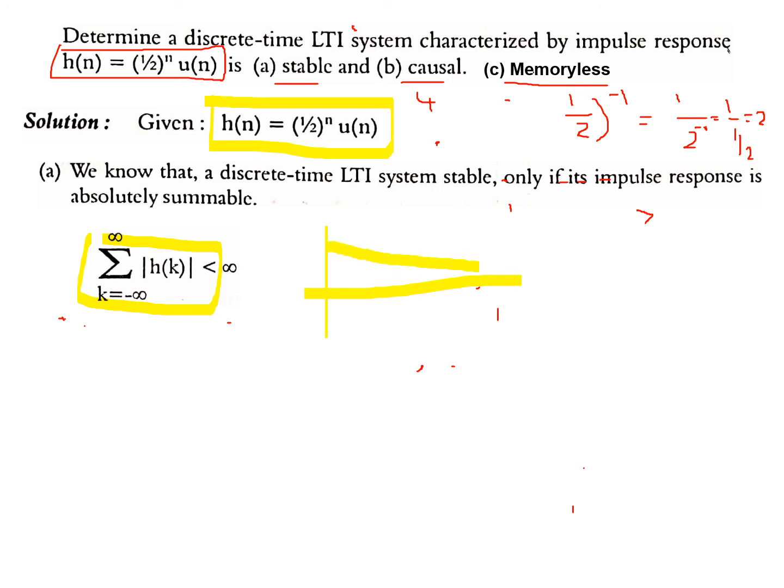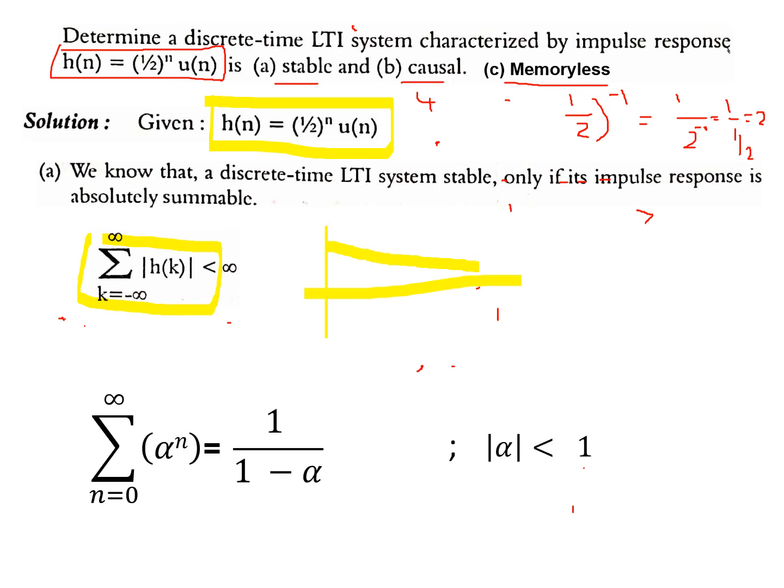But how to find the value? For that, let us use this formula. In the given problem, see, alpha is this. This u of n tells us it is a one-sided signal.